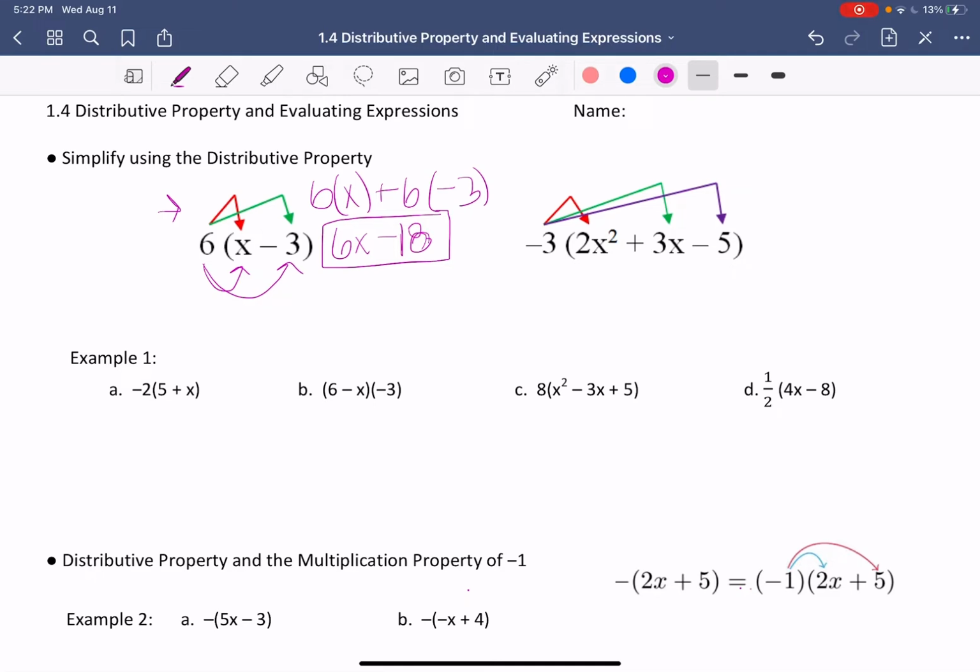Once again, -3 is being multiplied by each term, so 2x squared, 3x, and -5. So those are what we're looking at. So we have -3 times 2x squared.